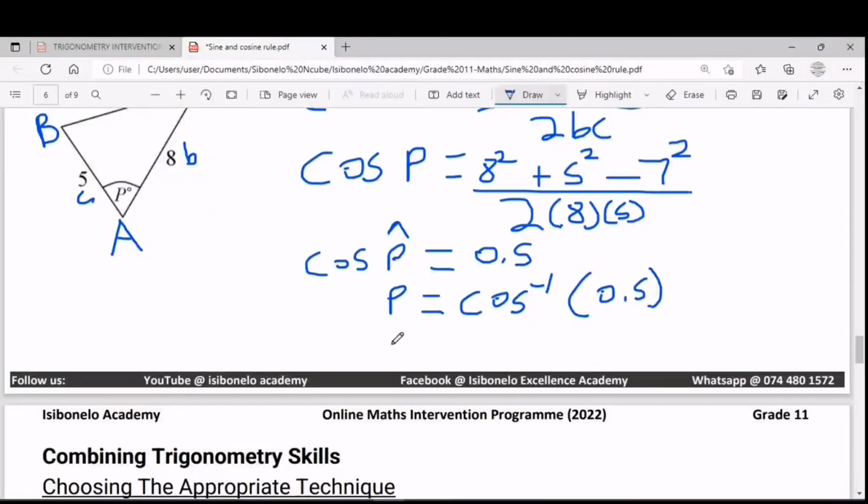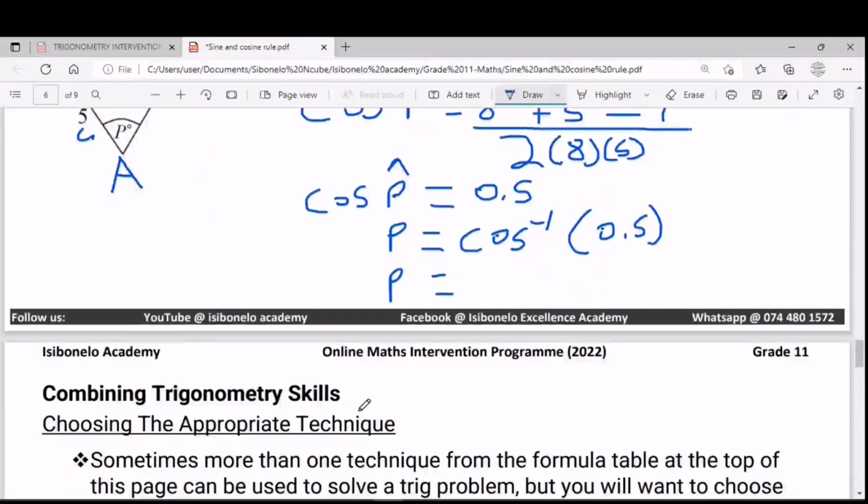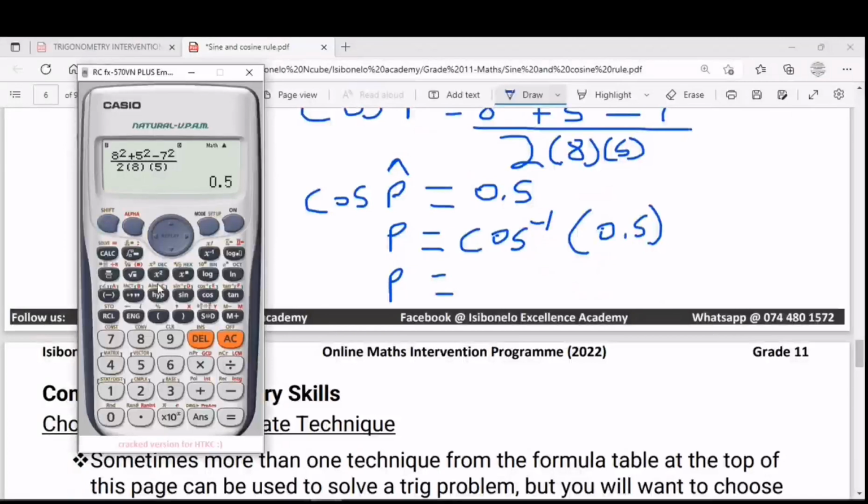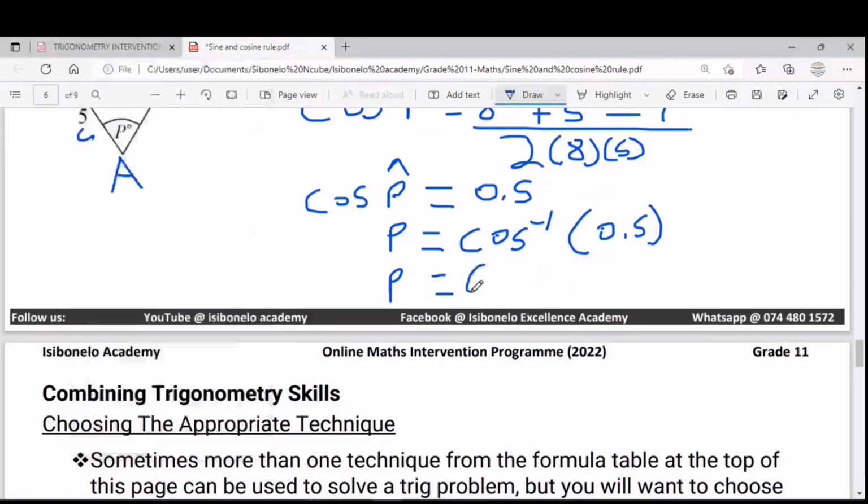Then lokho kuzobe sekusinikeza ke u-P wethu ukuthi uba the size of angle P. So shift cos, it's the inverse cos of half 0,5, kusinikeza u-60 degrees. So the angle is 60 degrees.